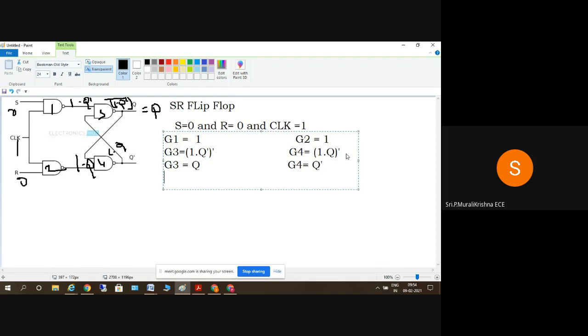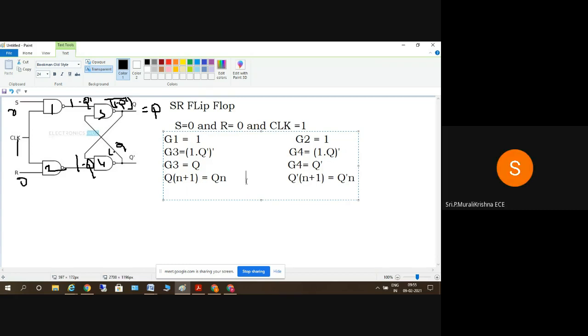G3 is the next state, Q of N plus 1, and that equals Q of N, the previous state. Similarly, Q bar of N plus 1 is Q bar of N. So there is no change in the state when S is 0 and R is 0. Clear about this? Okay, sir.